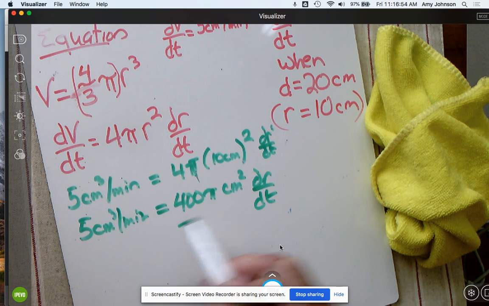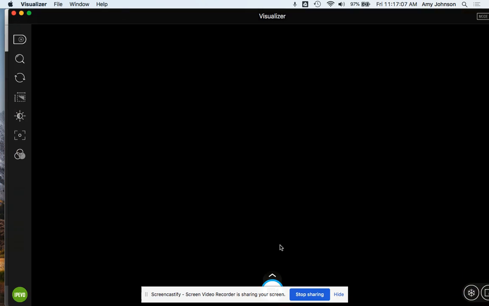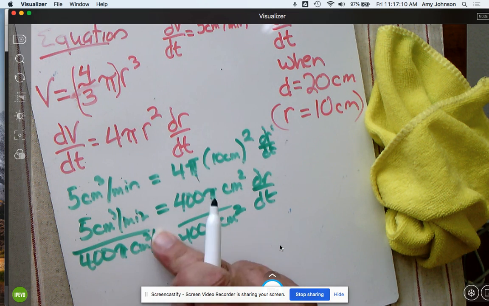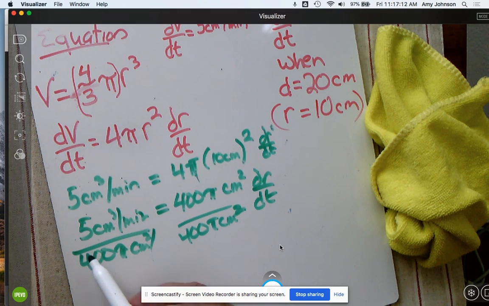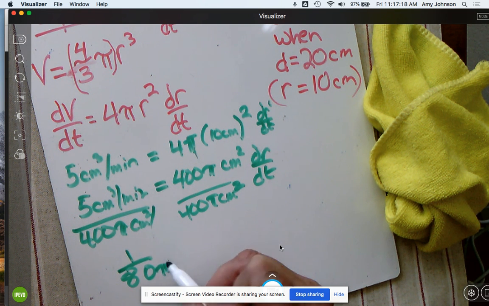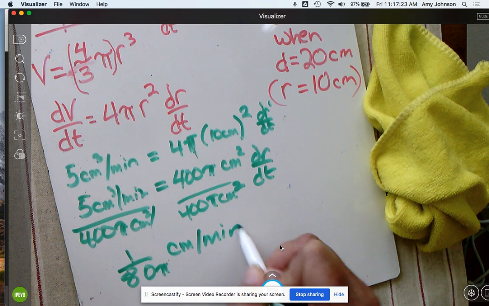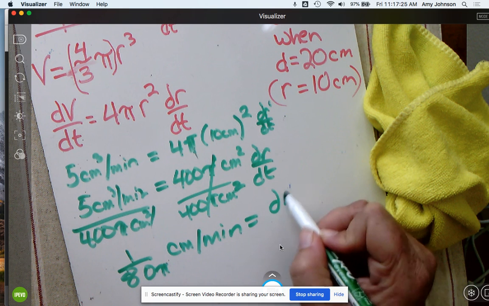Then I'm going to divide both sides by 400 pi centimeters squared. You'll see that this simplifies to 1/80 pi. Most of our units cancel, and I end up with centimeters per minute, which is exactly what I expected for dr/dt.